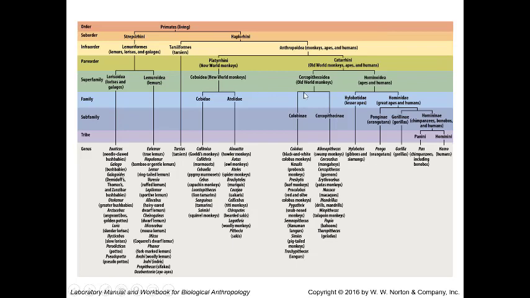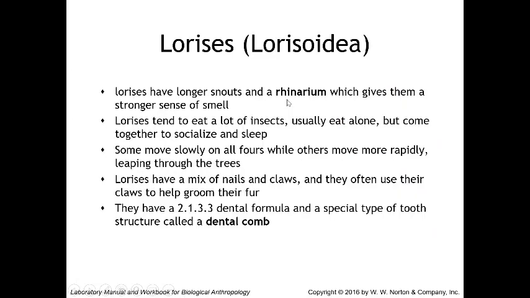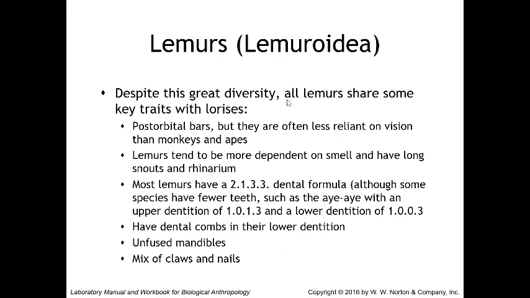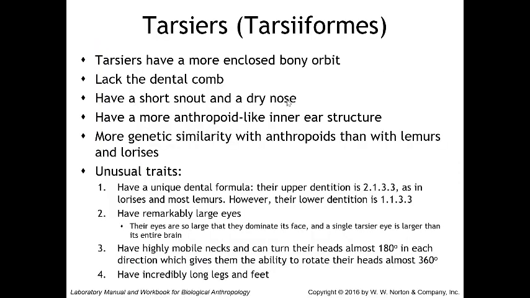They're going to have fully enclosed eye orbits, right? So post-orbital bar should clue you in that I'm talking about lorises or lemurs, right? Anything with a mention that they don't have a post-orbital bar will belong to Haplorhini, right? Which could be your tarsiers, your Anthropoidea, Platyrrhini, Catarrhini, right? Anything along those lines. So now we have eliminated essentially that trait, right?